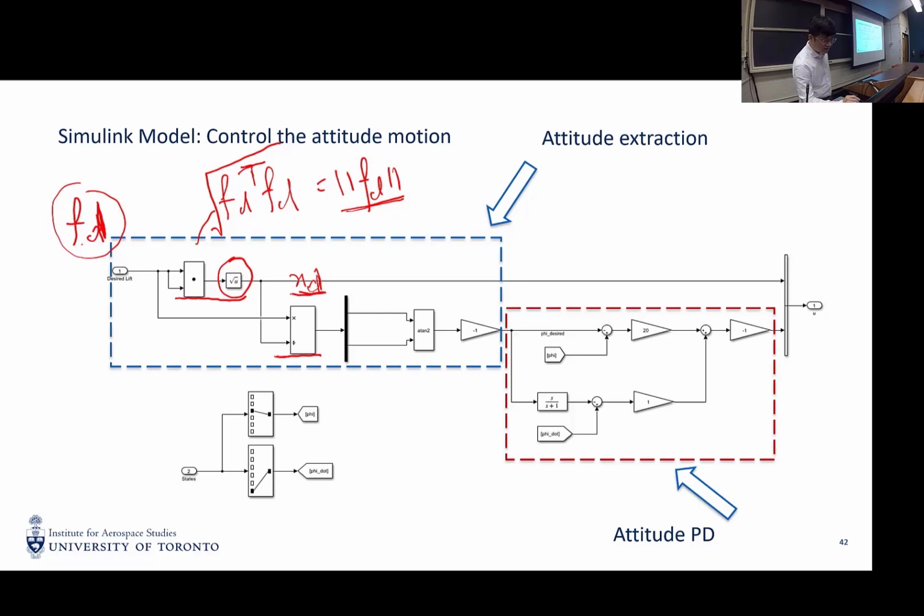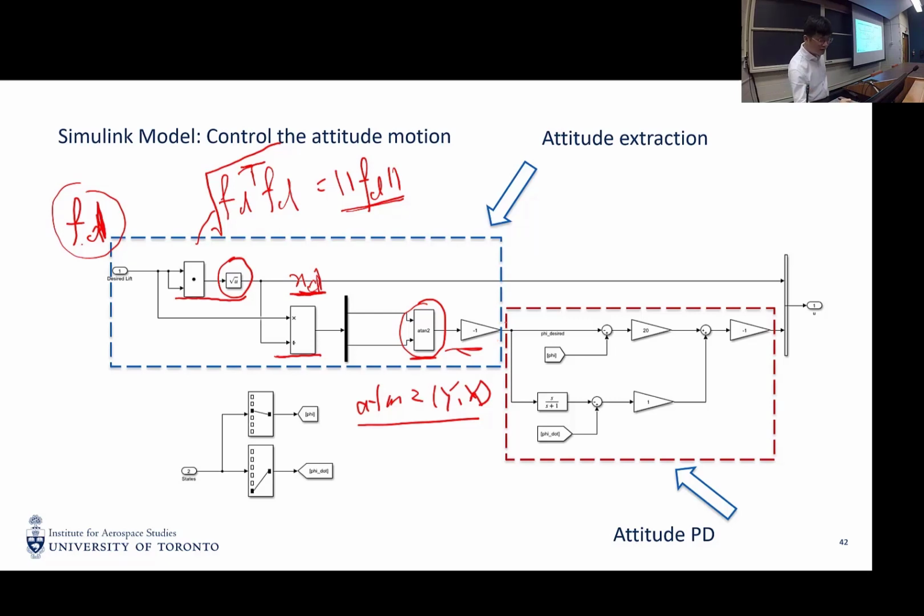So if we obtain ND, we use something called the arctangent 2 function here to get the actual roll angle. So if we have a vector that's tilted a little bit, it corresponds to a roll angle of the quadrotor. And it is obtained by using the arctangent 2 function along with this negative 1 gain.